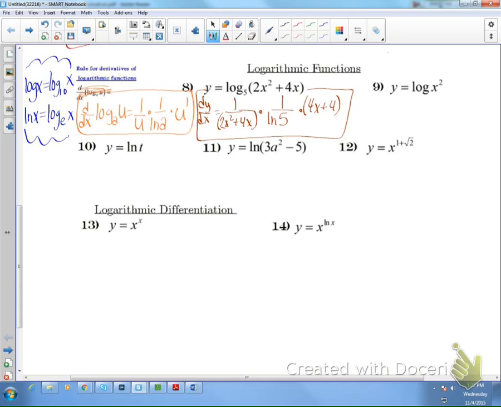This one is not. So you need to remember how this formula is in terms of log, not in terms of natural log. So you need to change natural log in terms of log.